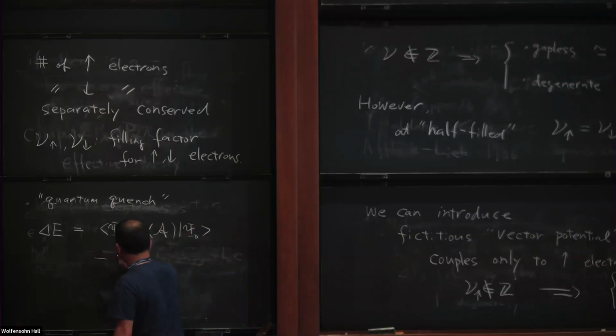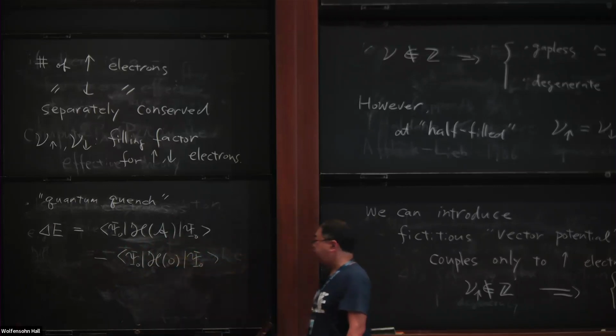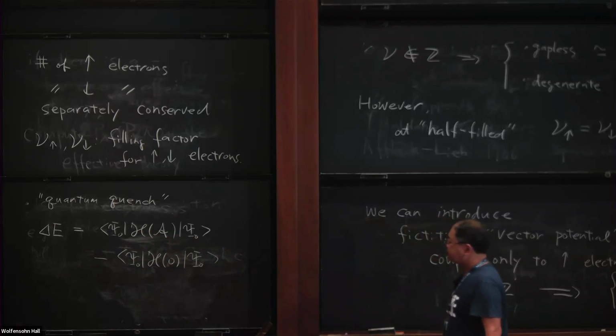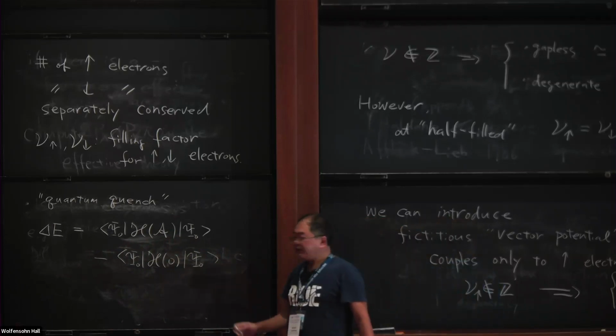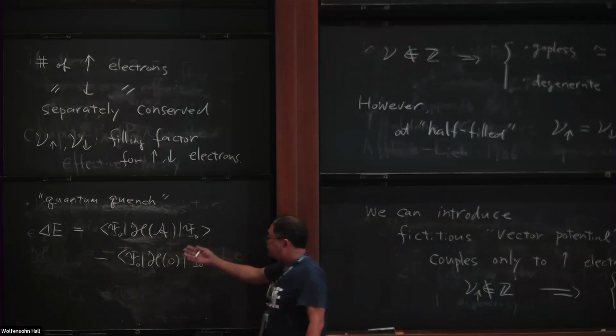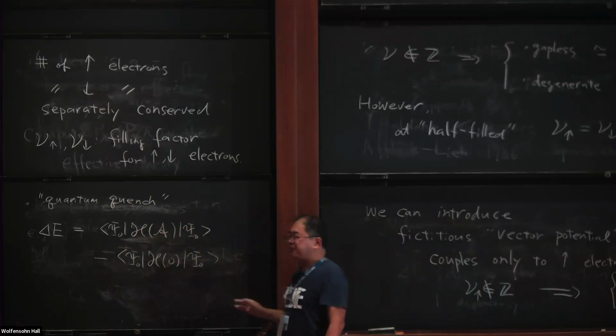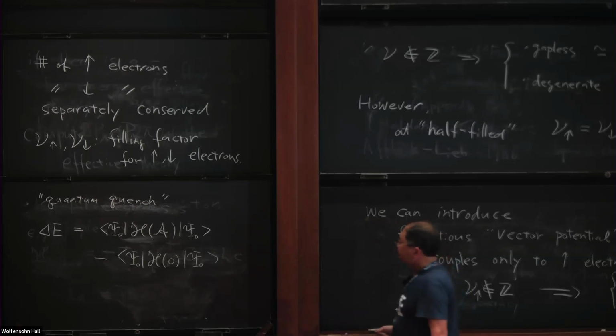Then you subtract the energy expectation value for the same state, but with the 0 vector potential Hamiltonian. So this is the energy gain. If you like, you can expand this energy gain in terms of the final value of the vector potential, capital A.